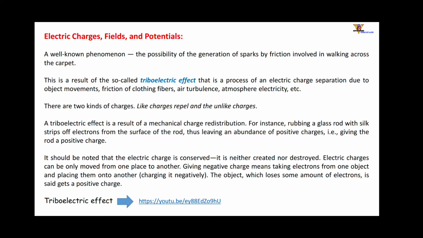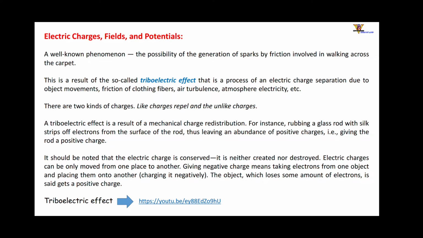Sometimes when you walk across a carpet, due to the friction, you can see some sparks. How do these sparks occur? This is the result of the triboelectric effect, which is a process of electric charge separation due to object movement.